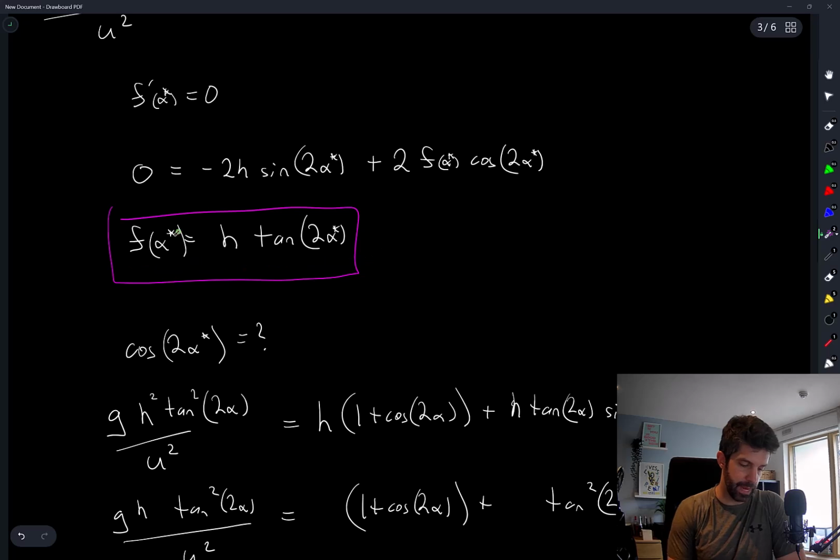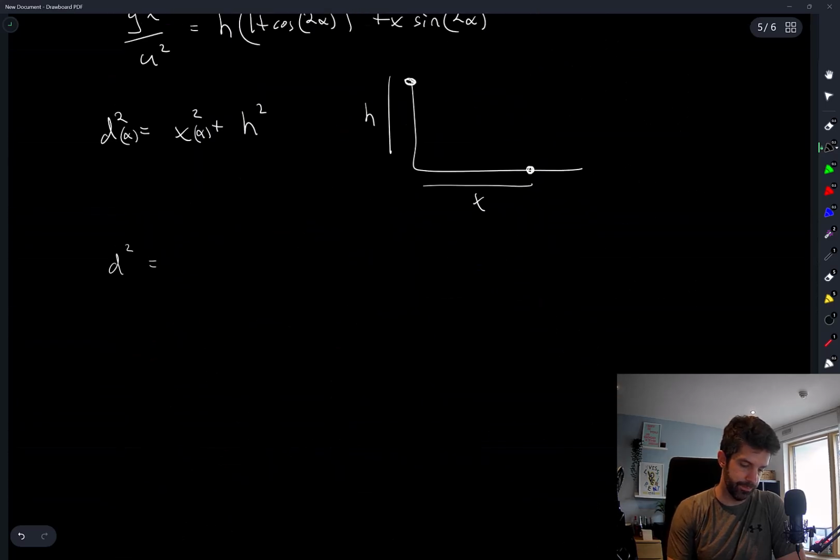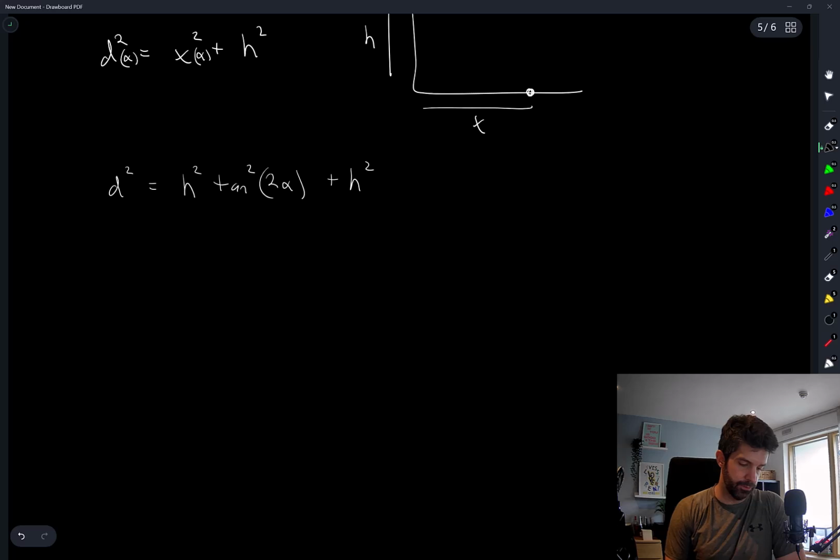Right? This is the maximum horizontal distance we can get. It's h times tan of 2 alpha squared, plus h squared. So I have the maximum distance squared is equal to h squared secant squared 2 alpha.